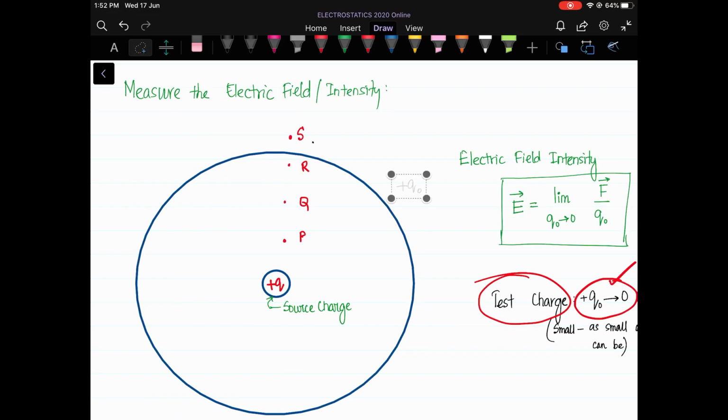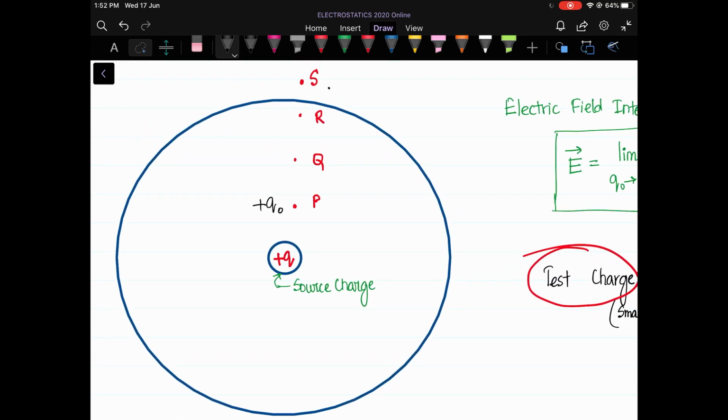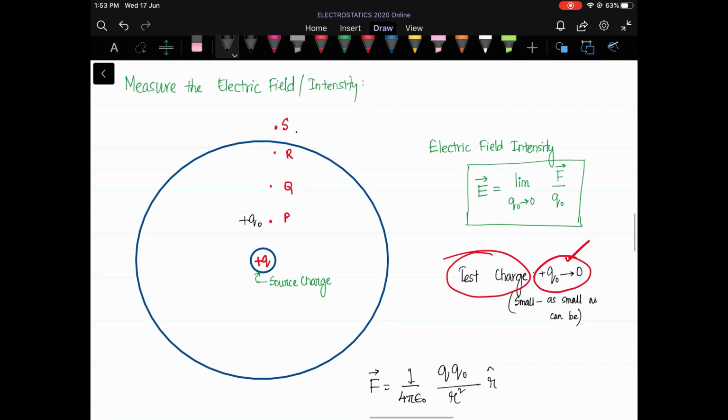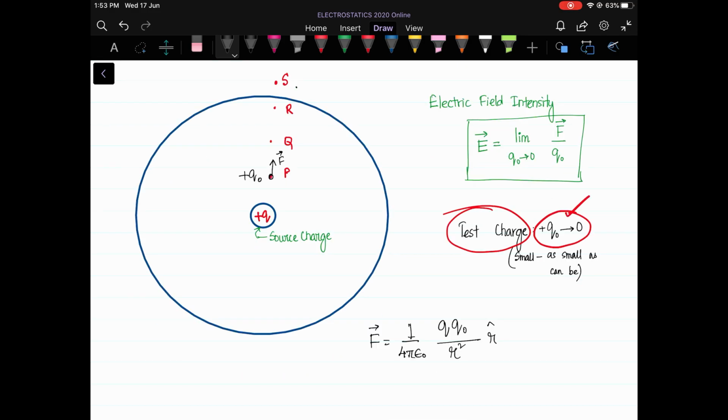So I have taken this test charge and kept it at a point like P. When I do that, this test charge is going to experience some force, and when I use Coulomb's law, I am going to get F equals 1 by 4 pi epsilon naught, the source charge multiplied by the test charge, Q1 Q2, over the distance between them, r square, in a certain direction. If I tell you right now both are positive, then the direction of force on this charge will be away from the first charge, the source charge. The magnitude of this force is going to give us an idea of how big the electric field is at point P.